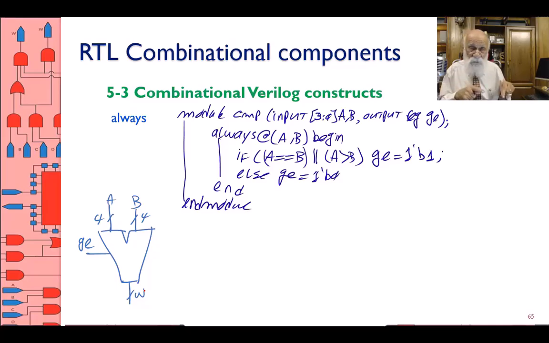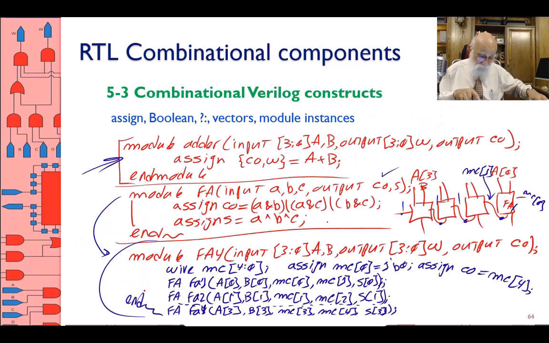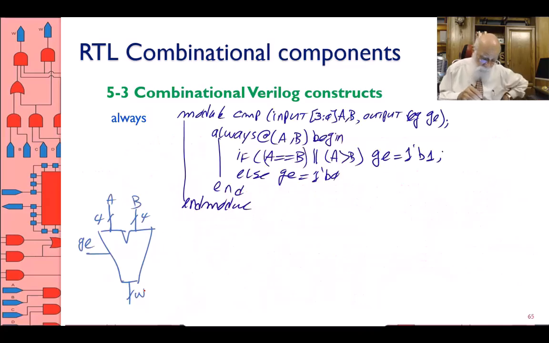It creates GE, and it creates the add of A and B. So what I want to do is instantiate the compare and instantiate the adder. This is how I go about it.